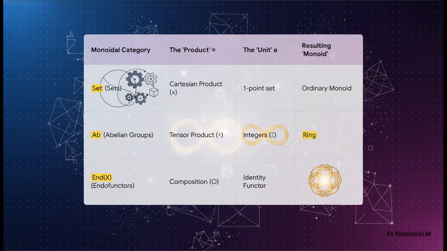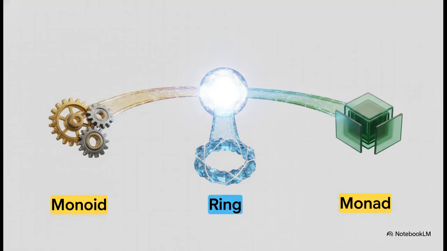Suddenly, that exact same pattern defines a ring. Or what if we're in a world of functions, where the product is just composition? The pattern gives us a monad. Just let that sink in for a second. A monoid, a ring, and a monad. These three things that we learn about in totally separate classes that seem to have nothing to do with each other are actually just different costumes for the exact same underlying structure.